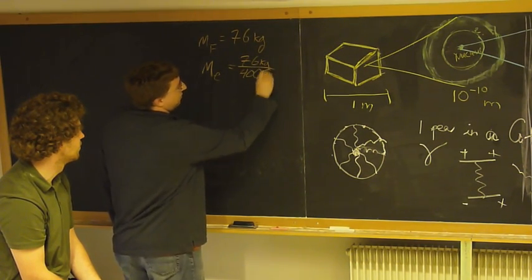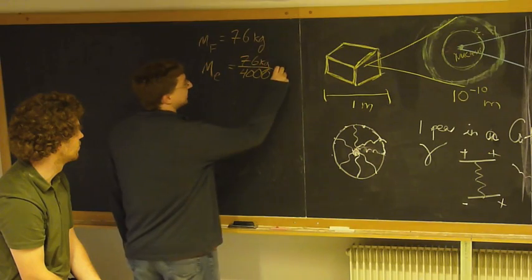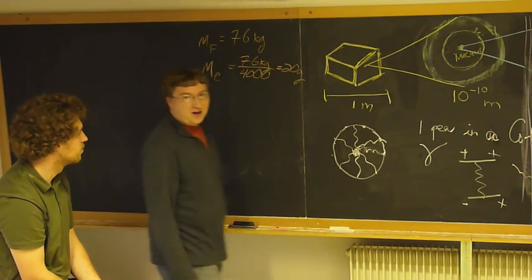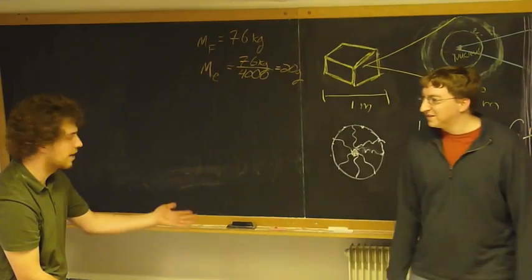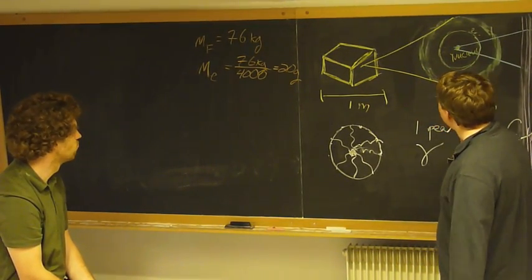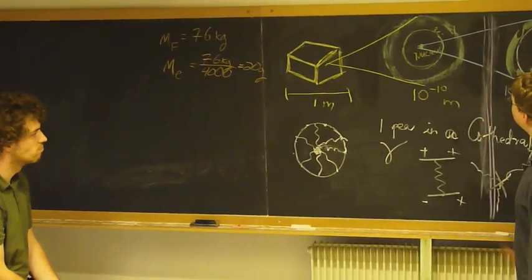That's only 1 part in 4,000 for each of the atoms. So that's only about 20 grams. So all of Frederick's electrons, it's like a piece of chalk. Exactly. So, it's not the electron, well, the nucleus.